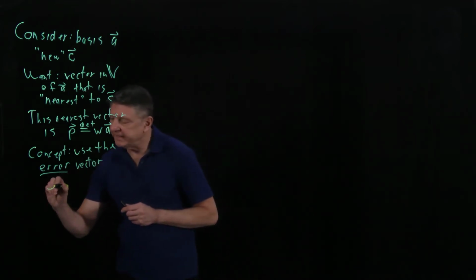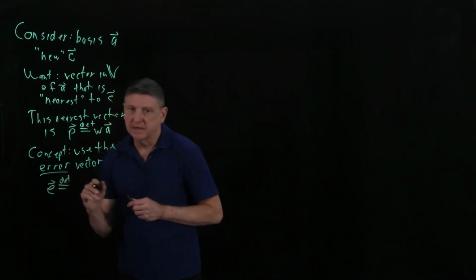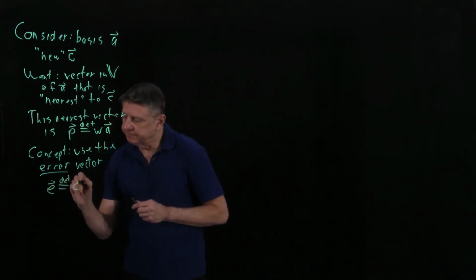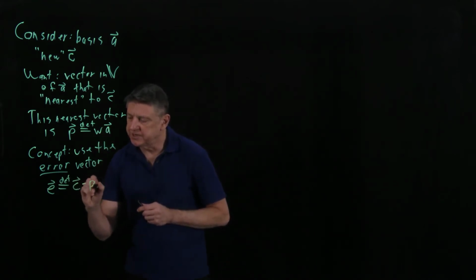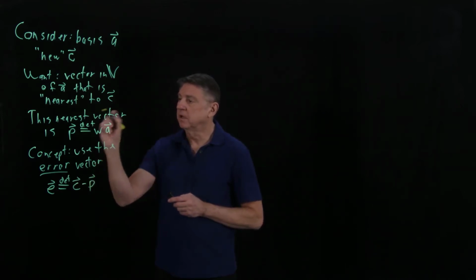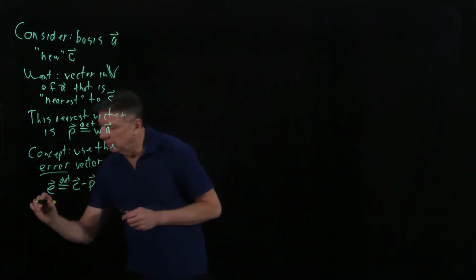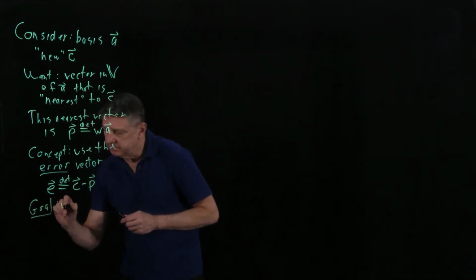So we'll call that error vector E, and we will define that as being the difference between the new vector C and the projection vector P that is a multiple of the basis. So the goal here is to minimize the error.